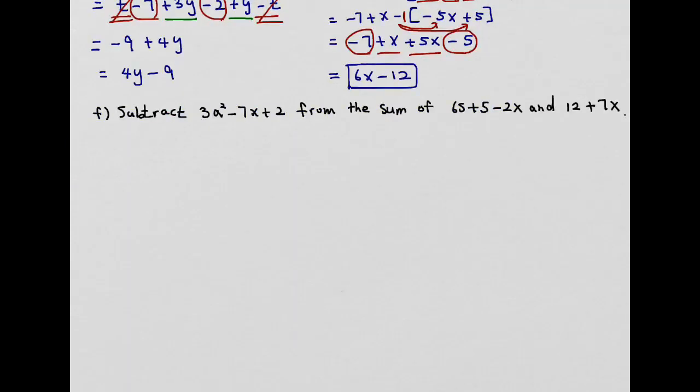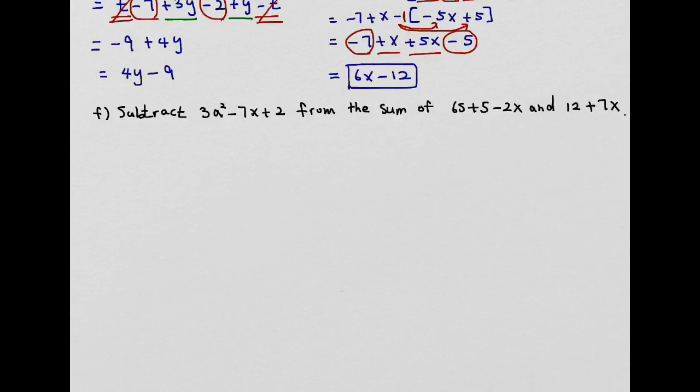The last example we wanted to do in this section is doing a subtraction and addition by the wording, right? So if we say subtract 3x squared minus 7x plus 2 from the sum of 6x plus 5 minus 2x and 12 plus 7x, how are we going to write that?